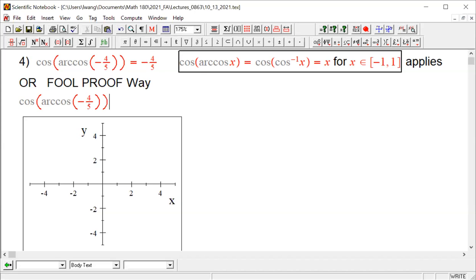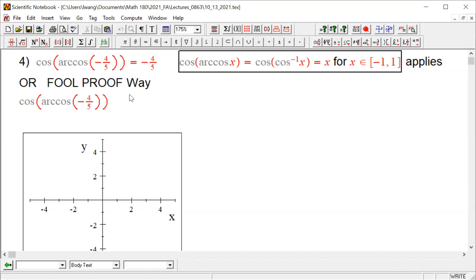So assuming we have the basic knowledge of ARD, and I know I'm dealing with ArcCosine, and I know this ratio is negative, right? Let me think out loud. I'm going to give you some thinking tips.